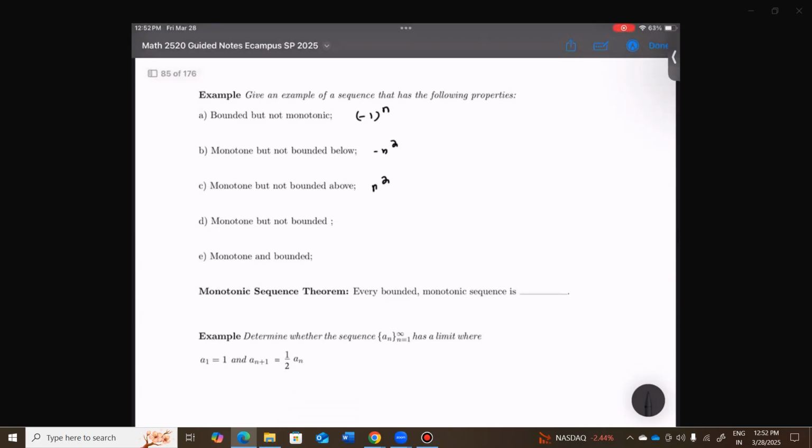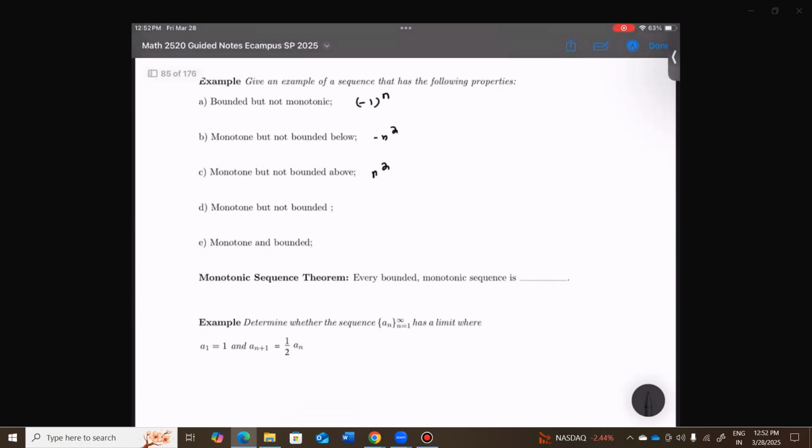One that's monotonic but not bounded at all, you can take either n squared or negative n squared. And one that's monotonic and bounded would be 1 over n. Okay.